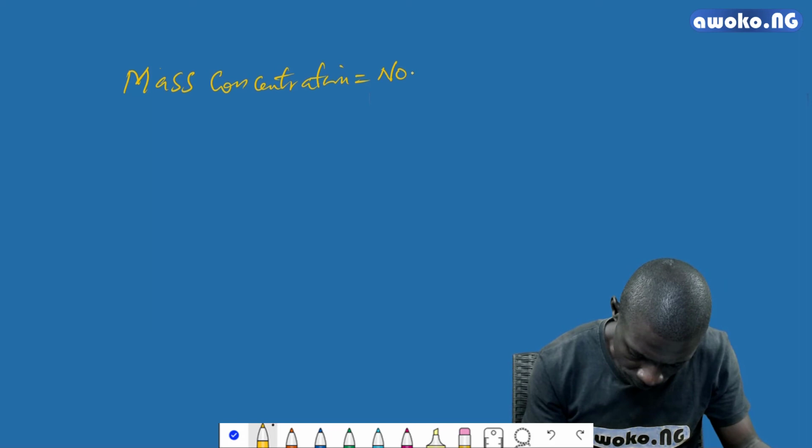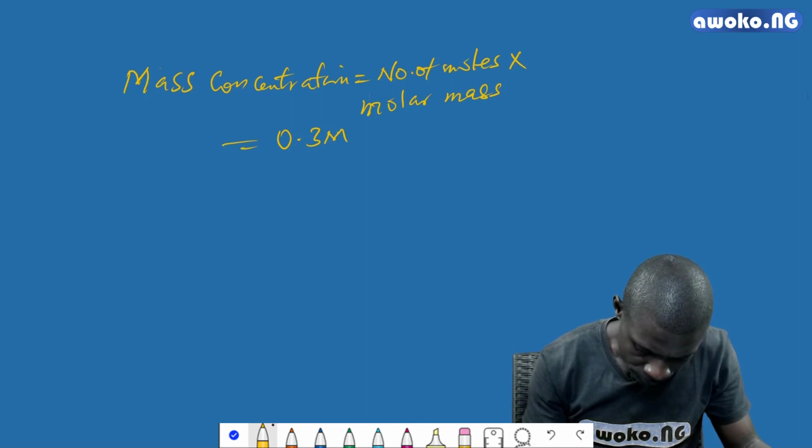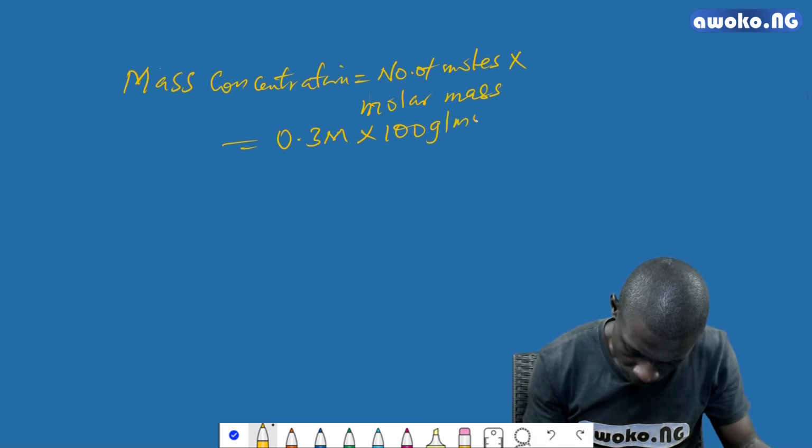So we can say mass is equal to number of moles multiplied by molar mass. Of course, the number of moles here is 0.3 mole multiplied by molar mass, which is 100 grams per mole.